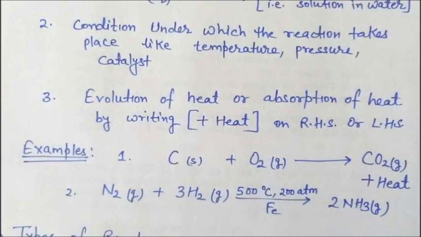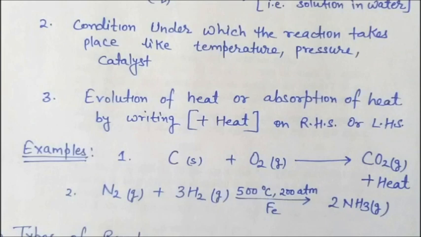If heat is absorbed, we have to write plus heat on the left hand side of the chemical equation. Sometimes you will see a triangle above the arrow. It also signifies that heat is supplied to the chemical equation. So if you see a triangle above the arrow, that means heat is supplied to the equation.